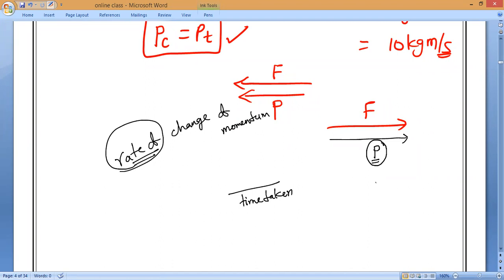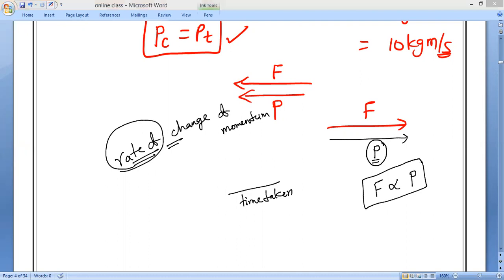So as we know, what is the relationship between force and momentum, directly or inversely proportional? Both are directly proportional. So the definition is: the rate of change of momentum of a body is directly proportional to applied force.